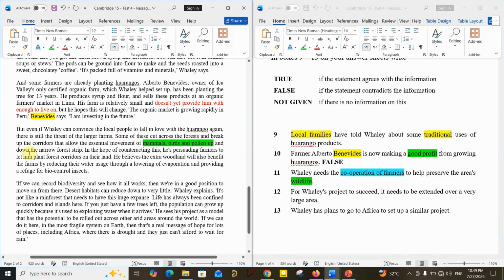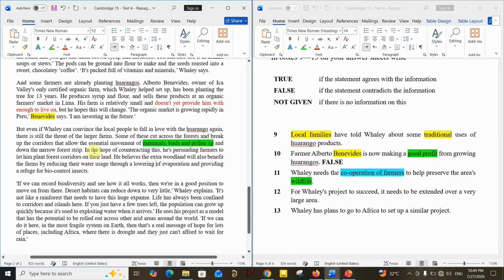So, and down the narrow forest strip, in the hope of counteracting this, he's persuading farmers to let him plant forest corridors on their land. He believes the extra woodland will also benefit the farms by reducing their water usage through a lowering of evaporation and providing a refuge for biocontrol insects.